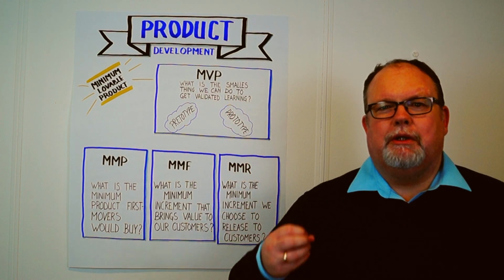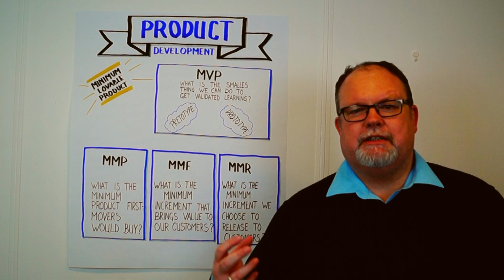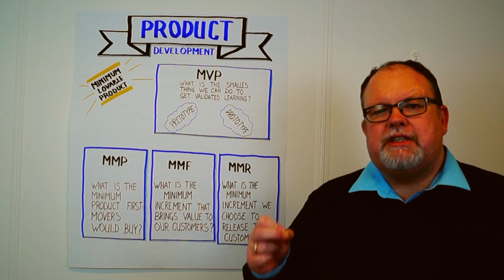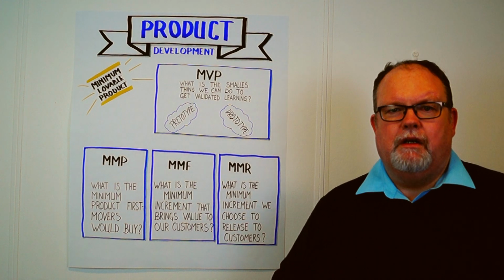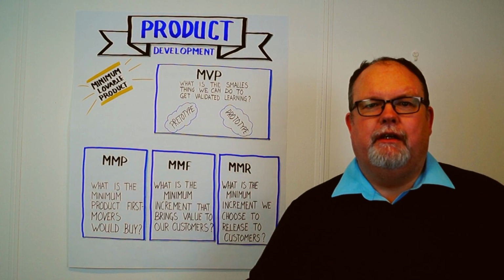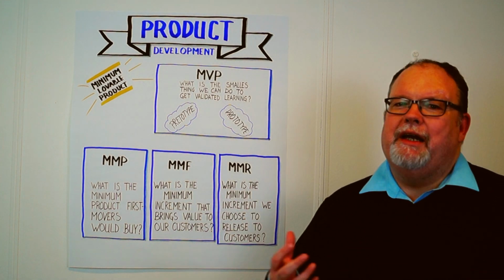And contrary to what most think, it's not a matter of building the product as fast as possible. It's about doing the smallest thing you can to obtain validated learning. And that means that you actually get feedback from the market, from customers. So how small can you do an MVP?